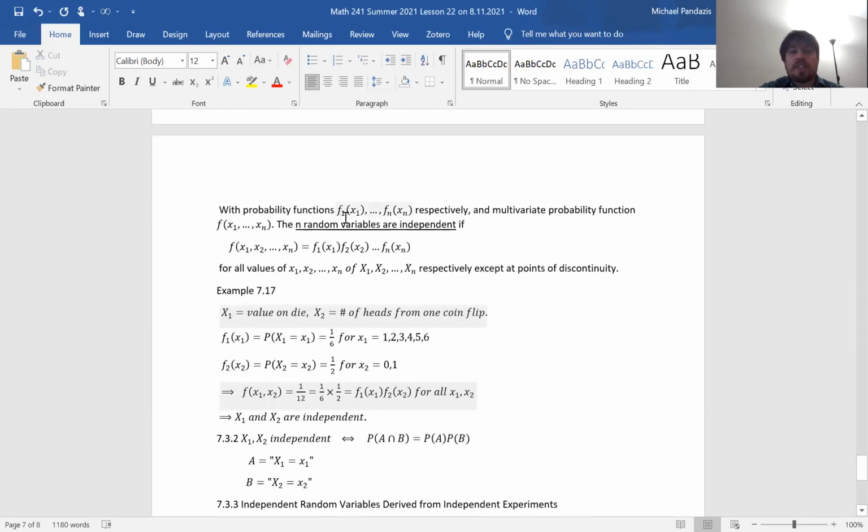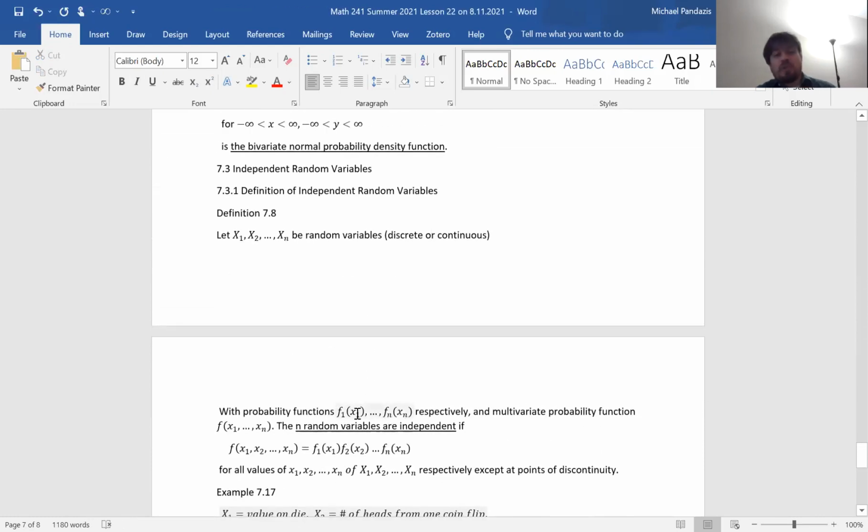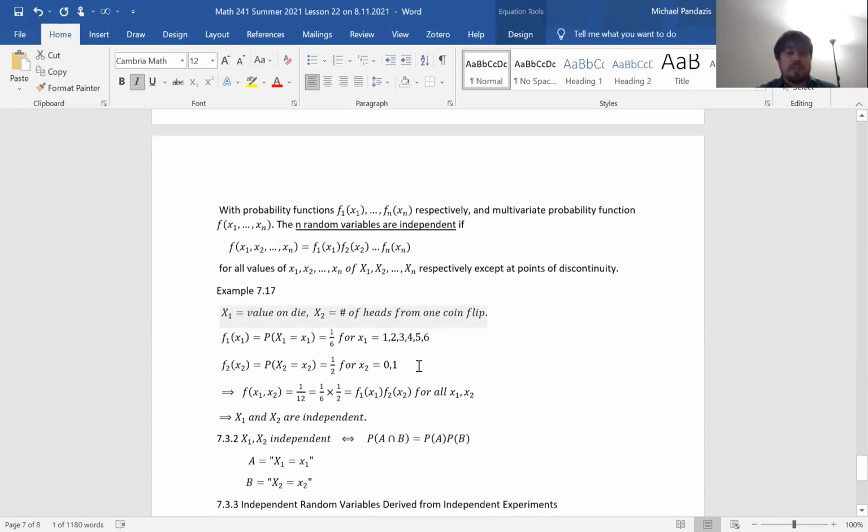Before we used f, now it's f1. The reason for the indices is just so that we differentiate between the PDFs of these n random variables. We can't just write f of x1, f of xn, because then we'd only be talking about different inputs. We want different actual PDFs for each of the n different random variables, so we denote the subscripts to differentiate between them.